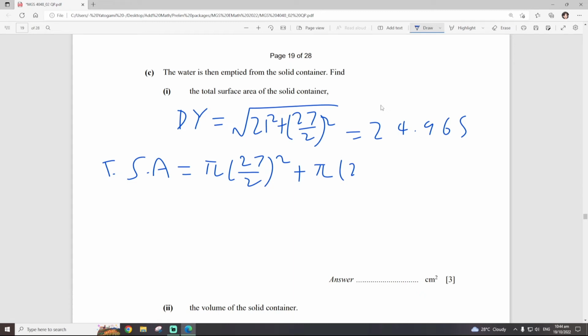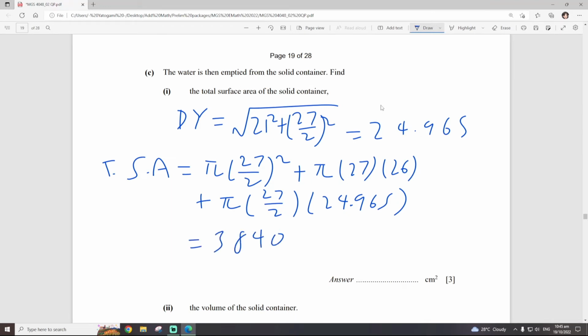No, it is correct. 27 and then height 26. Yes. Okay. And then plus pi, then the radius is 27 over 2, then L, the slant height, is 24.965. Okay. And you will get 3840 3SF.